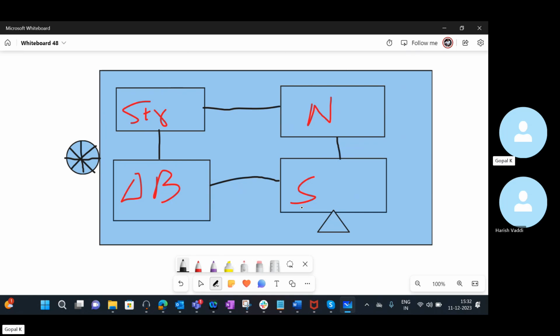So we can call this a private cloud. This should be there in your server room. In simple words, it's a private cloud.